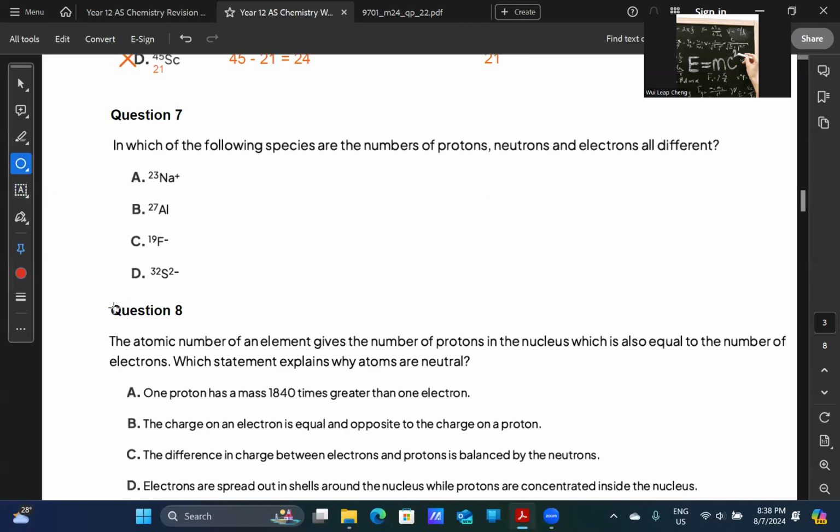Question 7. In which of the following species are the numbers of proton, neutron, and electron all different? Now you have to refer to the periodic table again to find its atomic number.